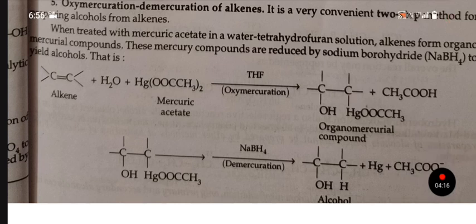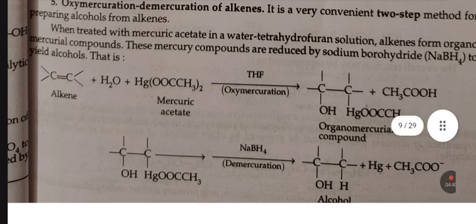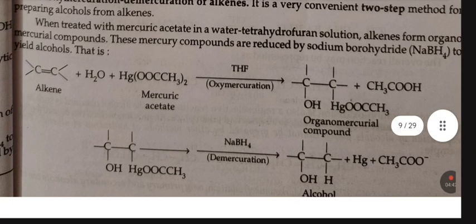Fifth, oxymercuration-demercuration of alkenes. It is a very convenient two-step method for preparing alcohols from alkenes. When treated with mercuric acetate in a water-tetrahydrofuran solution, alkenes form organomercuric compounds.